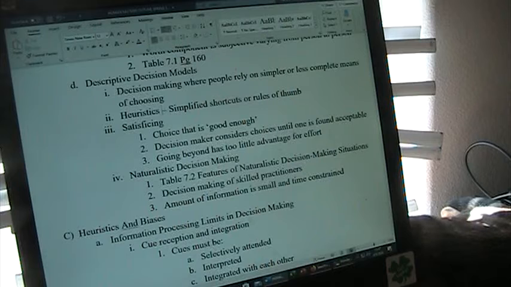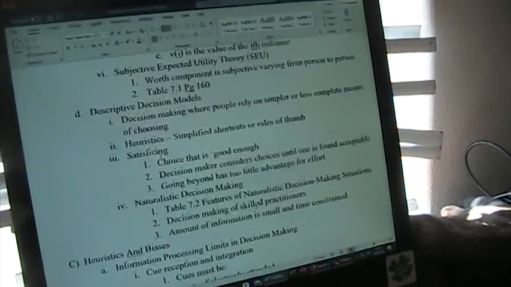And when we find that acceptable one, going beyond that as far as looking at choices has no real advantage for the extra effort in going through the choices. So we say good enough for the government job, and we stop there.